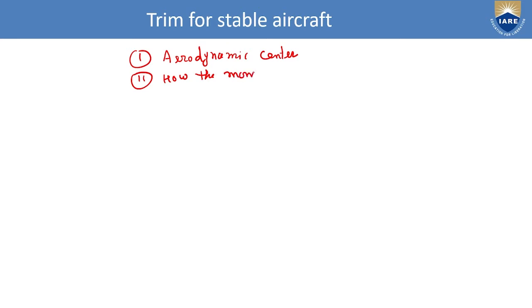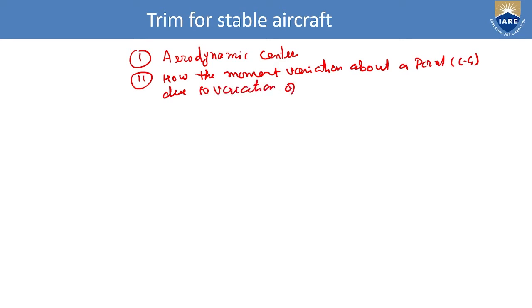moment variation about a point called CG is taking place due to variation of the aerodynamic forces.